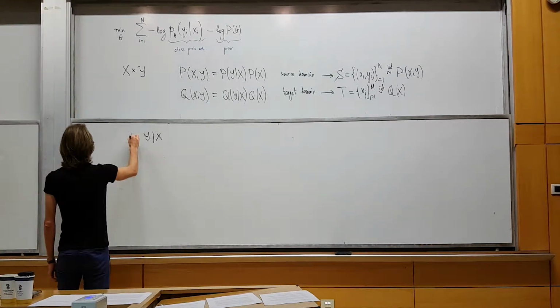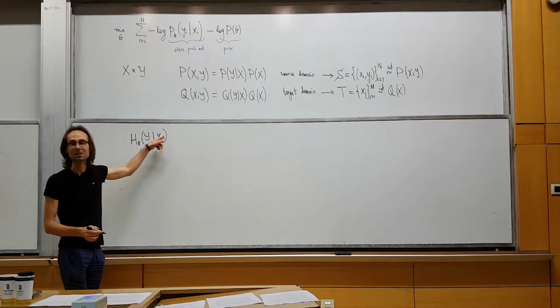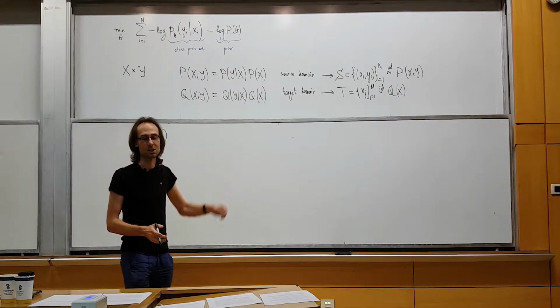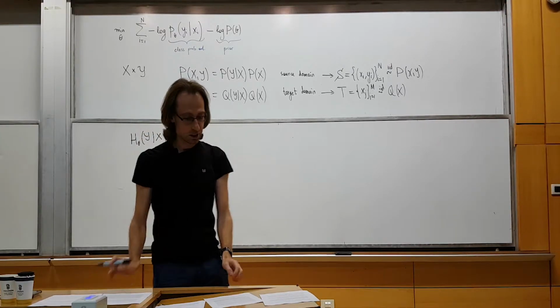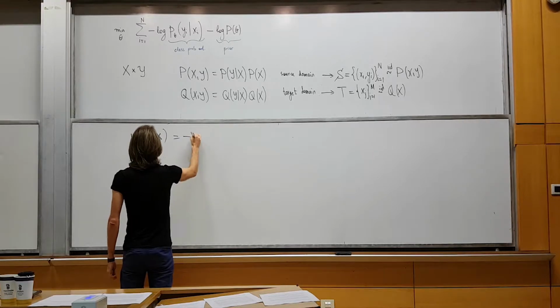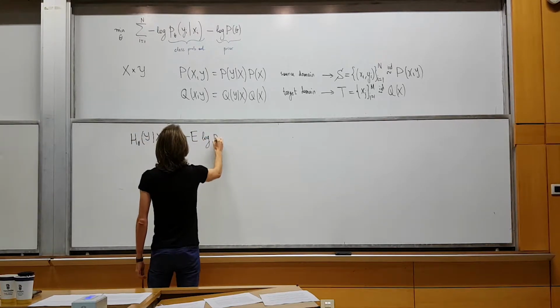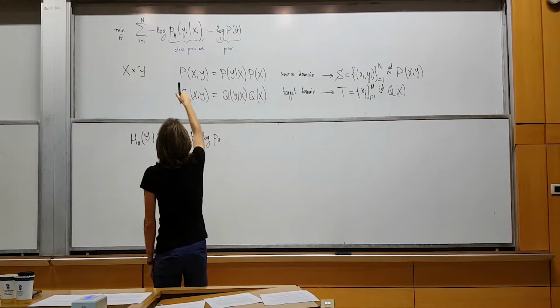Okay, so let's write this conditional entropy. Theta should be written here as well. It's also one of the conditioning variables. So essentially it will be the negative expectation of log p theta. It's exactly that probability there.